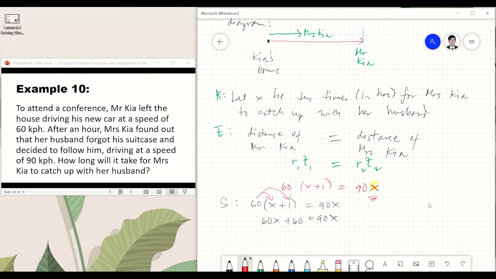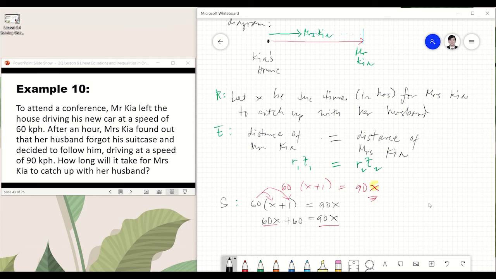But since meron tayong term dito sa left side ng ating equation na may x at saka sa right side din. So, kailangan nating pagsamahin yung may mga terms na x sa isang side. So, for now, gusto kong makita yung mga terms with an x on the right side. Kasi mas malaki yung 90 kaysa sa 60.